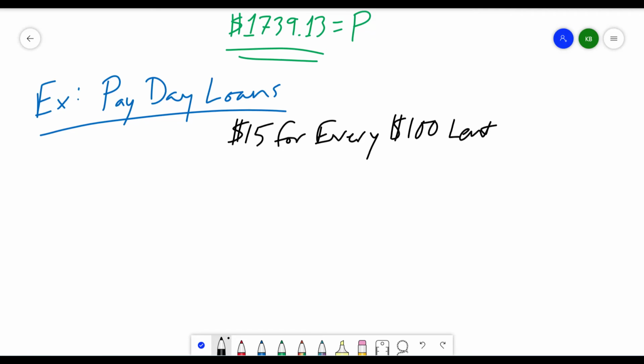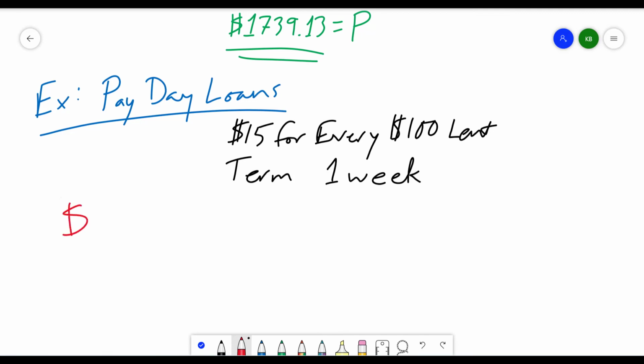So the term of the loan is going to be, let's say, 1 week. That's not uncommon for these places. All right? So you have 1 week to pay them back your principal plus your interest. And if you miss that, then it's problems. All right?